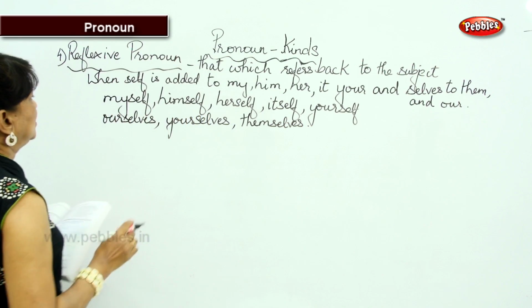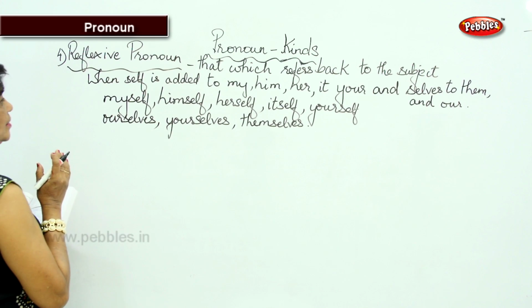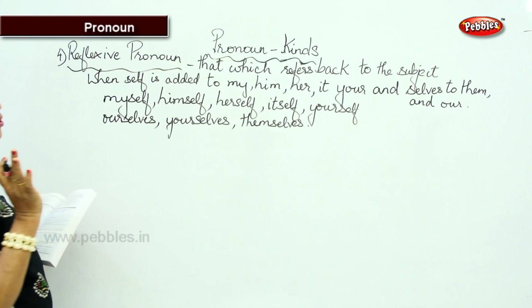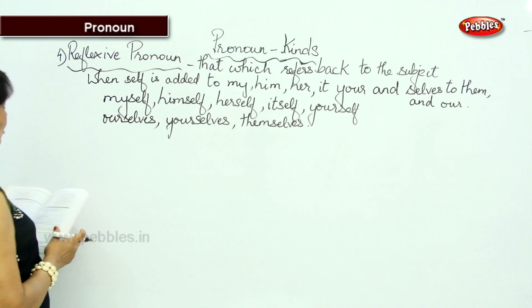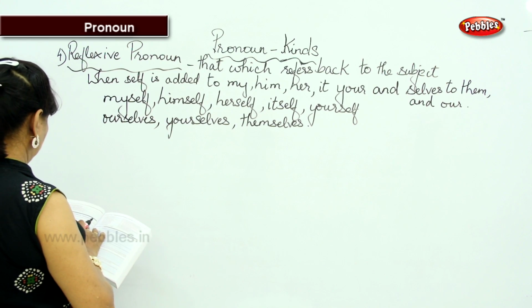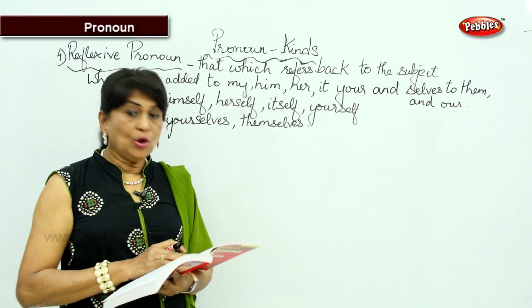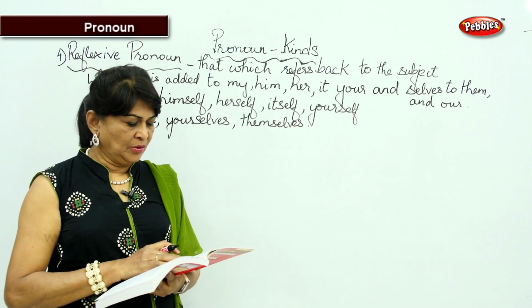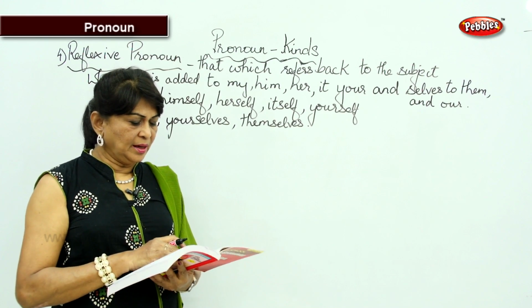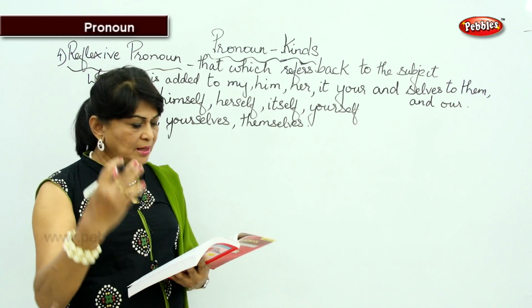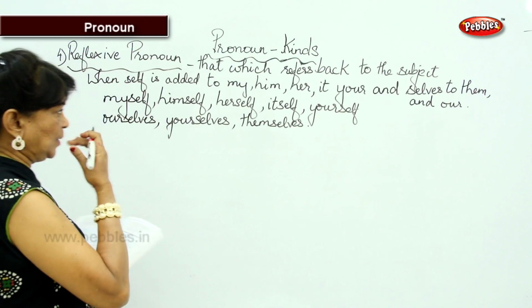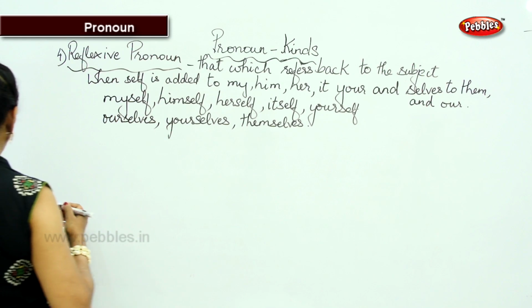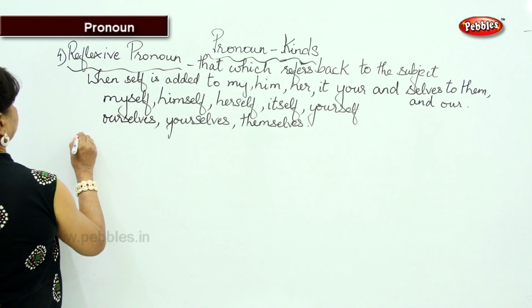Okay? See, it reflects back. She herself could not understand. So, it goes and comes. So, that is called reflexive pronoun. They are called reflexive pronouns when the action done by the subject turns back upon the subject. It goes and turns back. I will give you examples now.